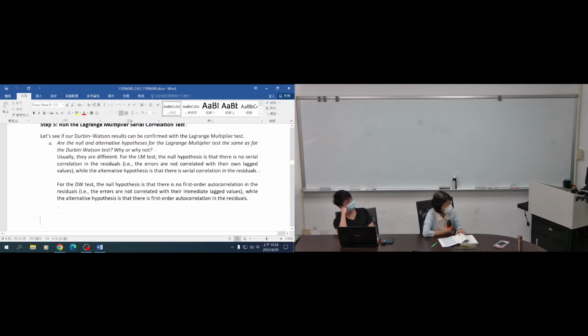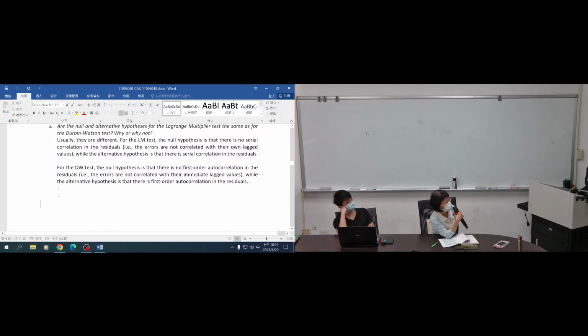For step 5, for the LM test, are the null and alternative hypotheses the same as for the Durbin-Watson test? Usually they are different. For the LM test, the null hypothesis is that there is no serial correlation in the residuals.